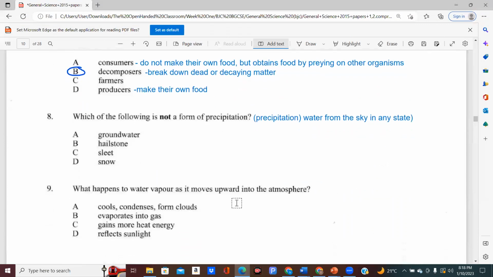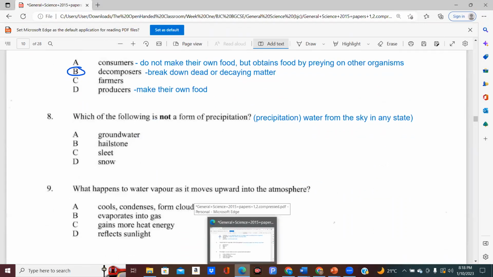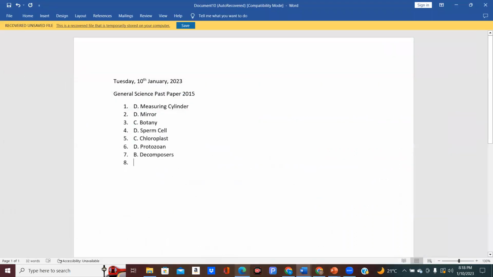Number 8 is groundwater. Groundwater is not going to be precipitation because groundwater does not come from the sky.